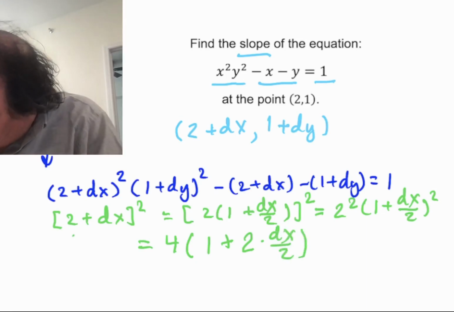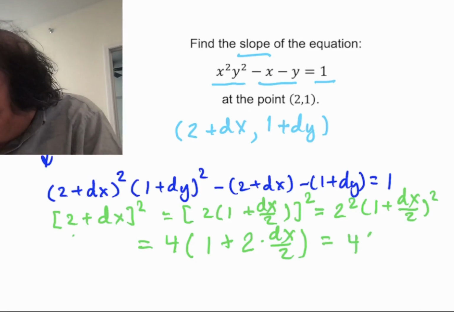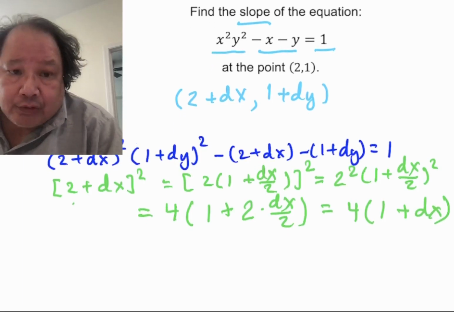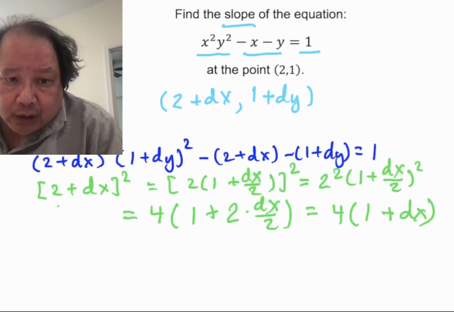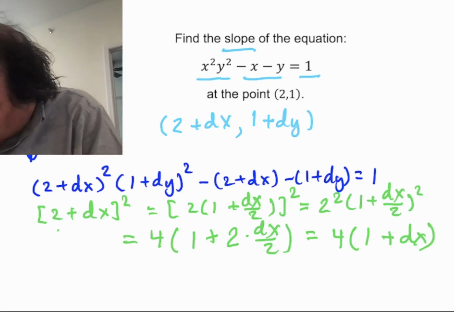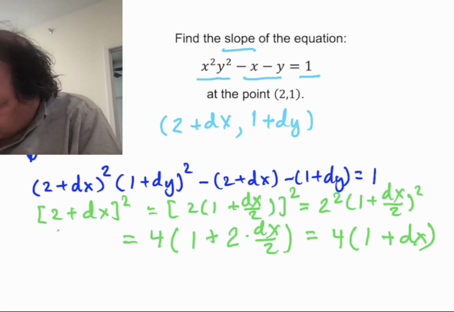And so we see that this whole thing is equal to 4 times 1 plus dx. Okay, so we now know how to expand that first expression, and so we can start plugging in.